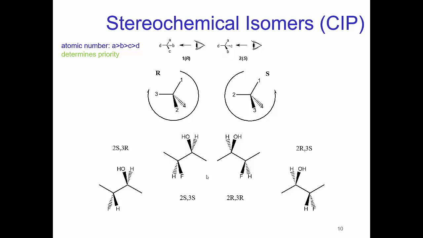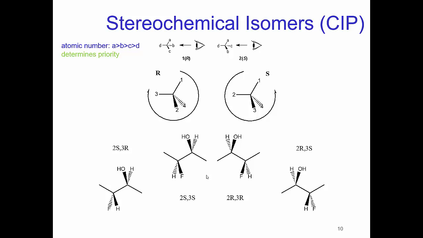What we do is we look at it and determine the priority of those four different substituents based on the atomic number of those four different substituents. So here we're saying, in this case, A is greater than B, is greater than C, is greater than D. We look at a periodic chart, look at the atomic number, and say, okay, we know which is which.